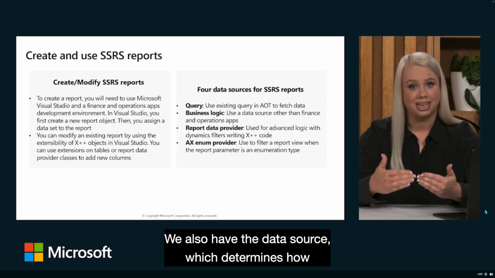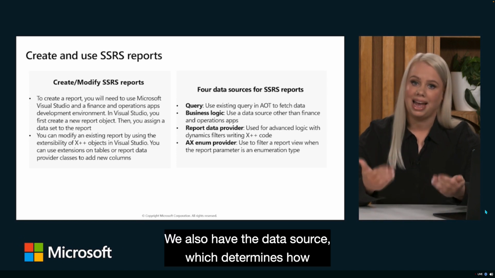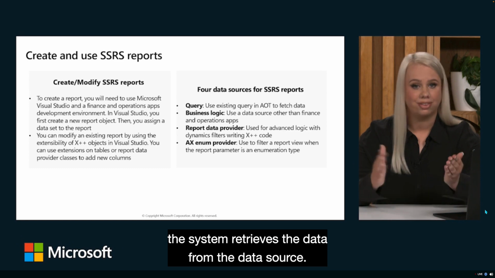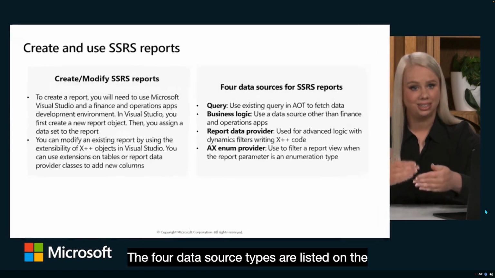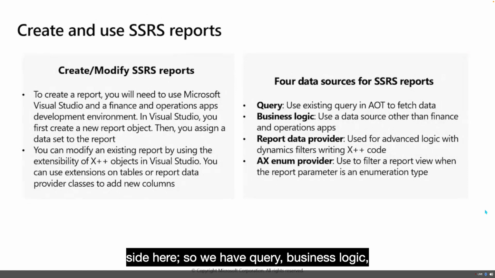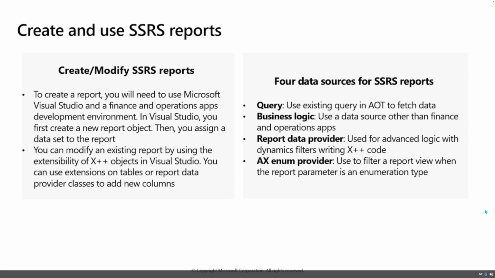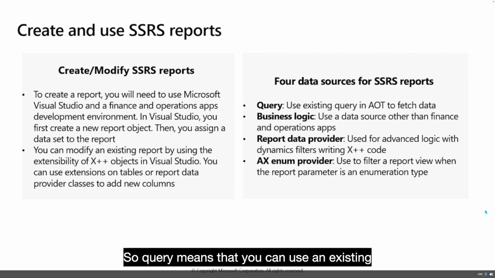We also have the data source, which determines how the system retrieves the data from the data source. The 4 data source types are listed on the slide here. So we have query, business logic, report data provider, and AX enum provider. So query means that you can use an existing application object tree query, which is great if you want to quickly generate reports and limit the amount of code you have to write.